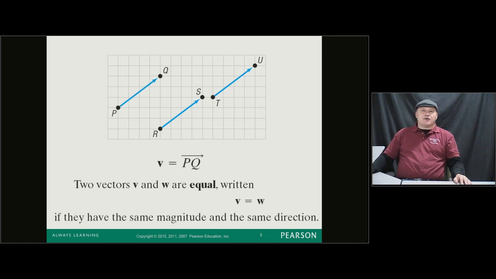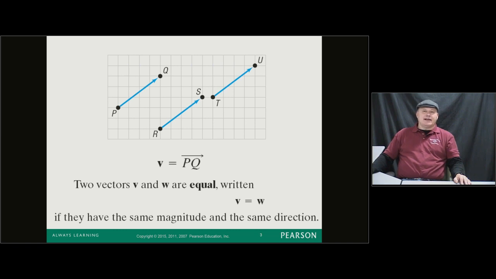Two vectors, V and W, where V we classify as the directed line segment PQ, are equal if they have the same magnitude. Magnitude in this terminology just means the two points have the same distance between each other, but they're also going in the same direction.